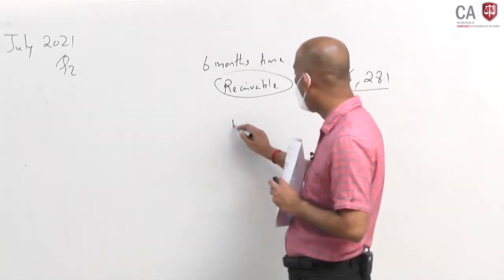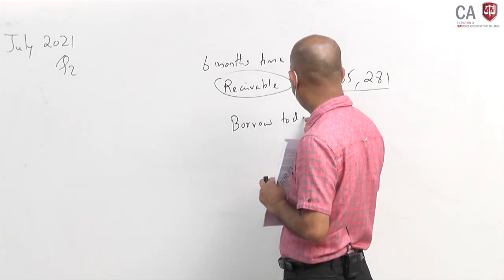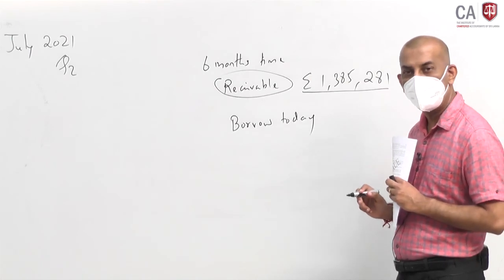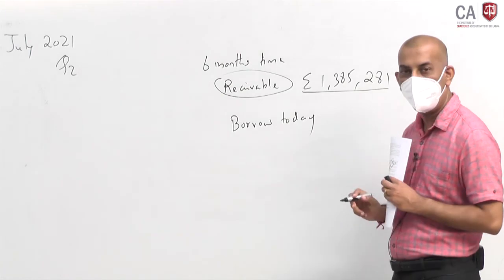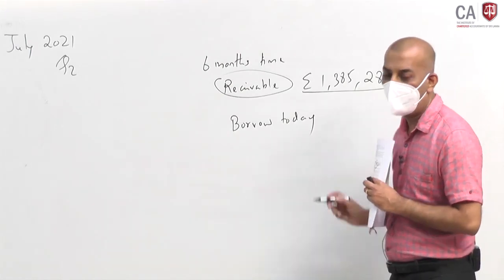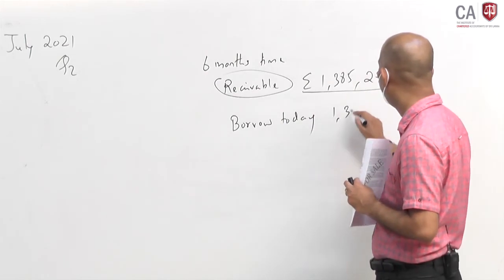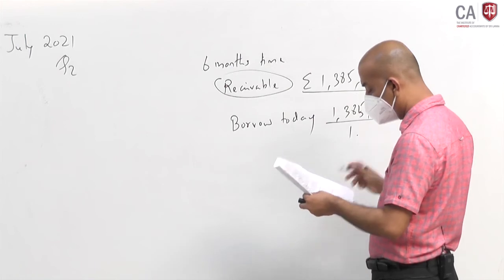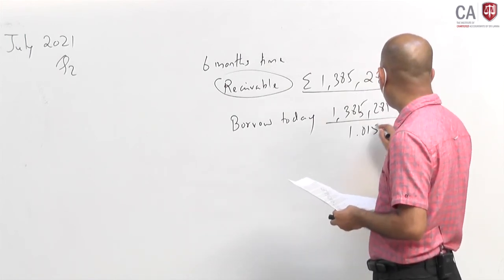So that means you have to borrow today less than 1.3 million euros, so that in 6 months time the borrowing will be 1,385,000. So how much is that borrowing? You can look at it, 1,385,000 divided by your borrowing rate 1.015.